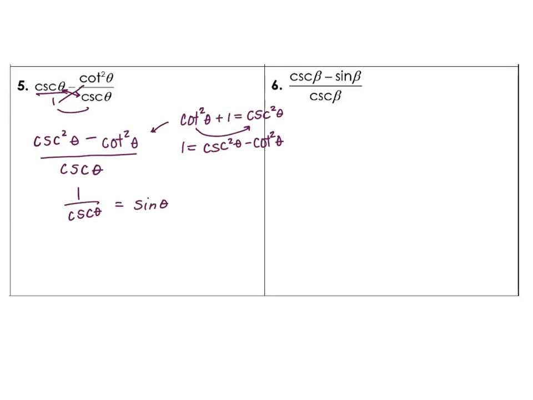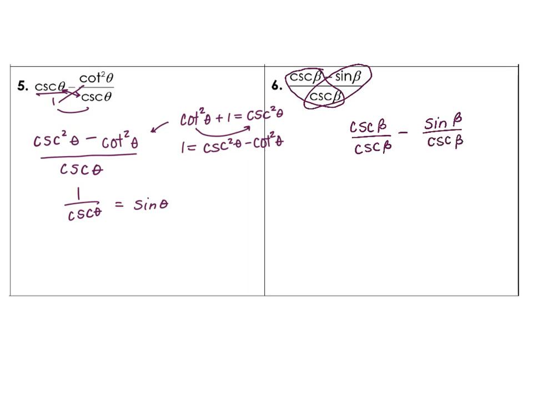Our next problem, it would be a good idea to decompose this fraction, and that just means we're going to separate this back out into the two fractions it was before it was put together. So we're going to have cosecant beta over cosecant beta minus sine beta over cosecant beta.